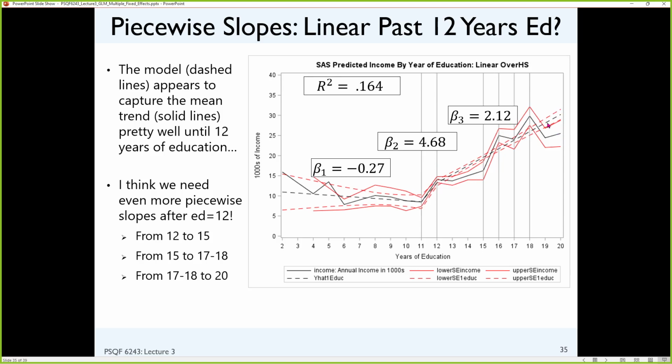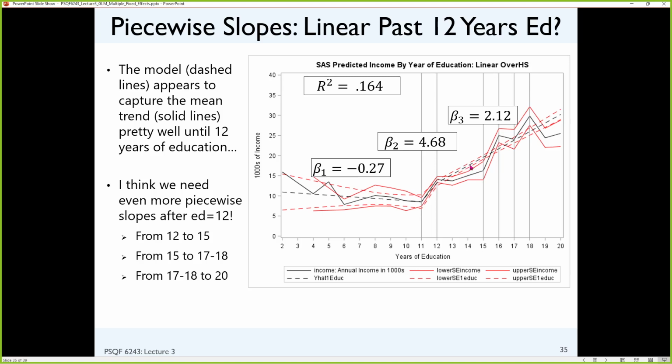Does this look like it does a good job capturing this trend with a line? Ish. This part the line over predicts, this part the line under, yeah. This under and this one over. Yeah, it could be, suggestion could be quadratic, yeah.